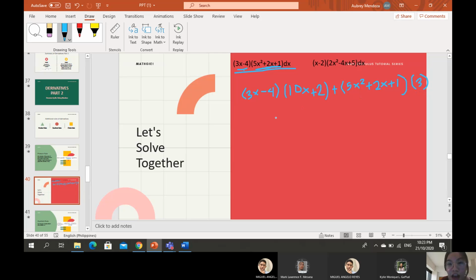So yes, after that we are going to expand this. When expanding, we are just going to multiply this to this and this to this. So let's multiply. 3x times 10x is equals to 30x squared.